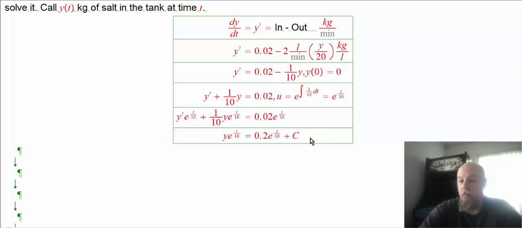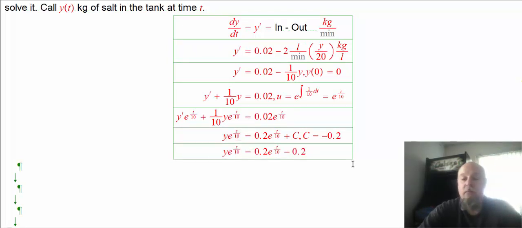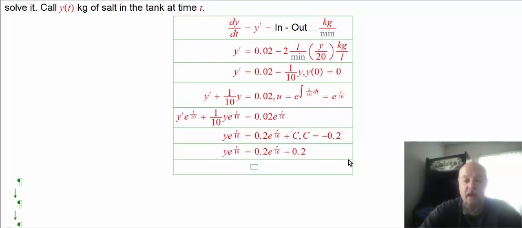Let's get the constant. We have one constant of integration. That's where I'm going to use my initial condition. If I make t equal to 0, then y is equal to 0. That tells me that c has to be minus 0.2. And so there's our implicit solution. Let's get the explicit solution.